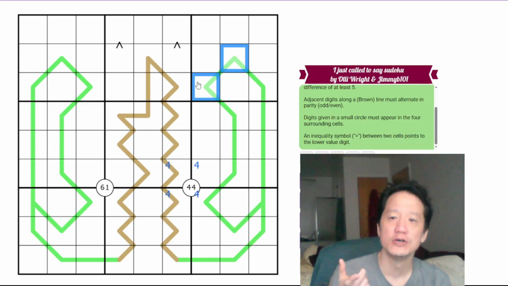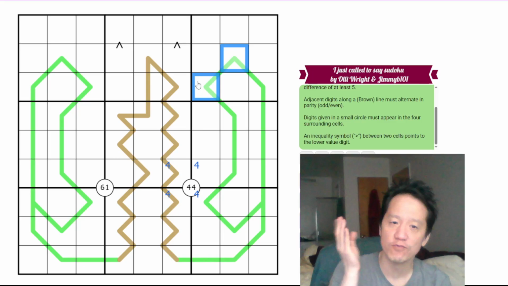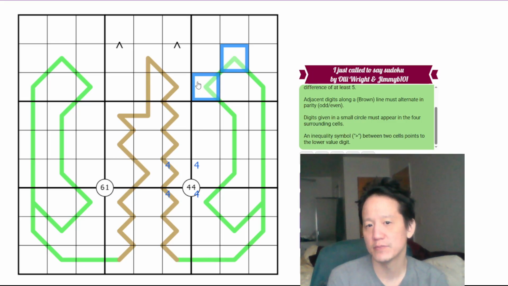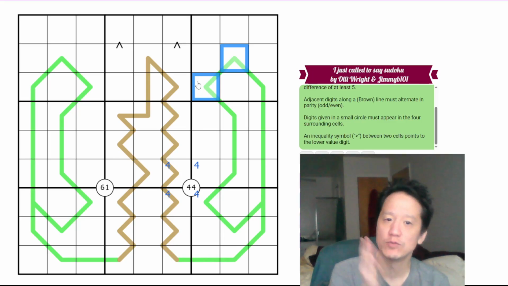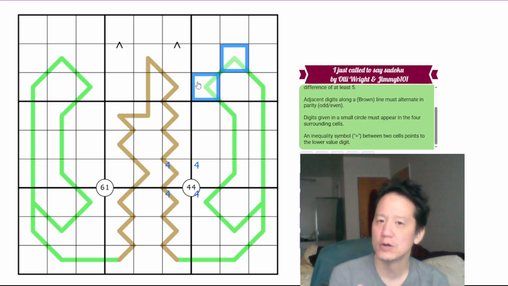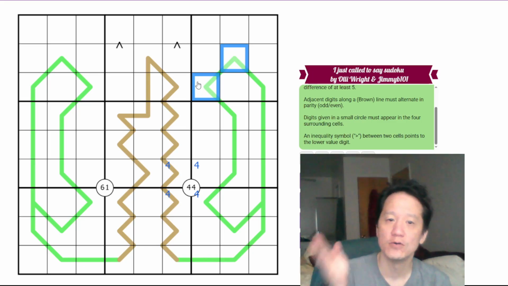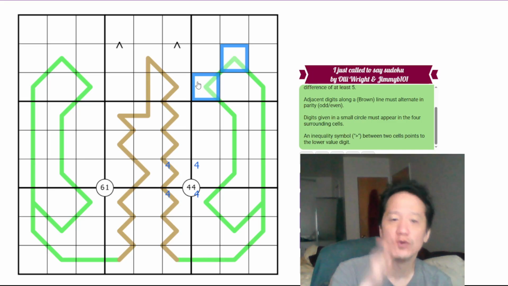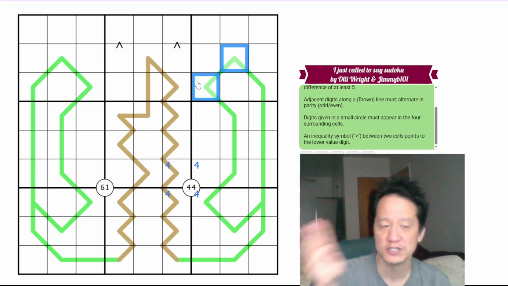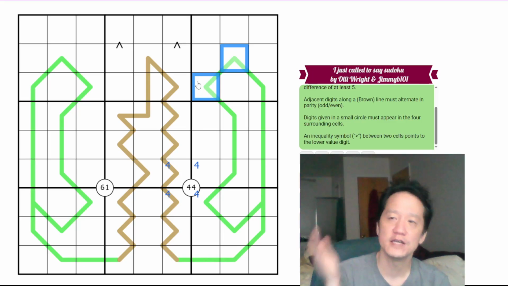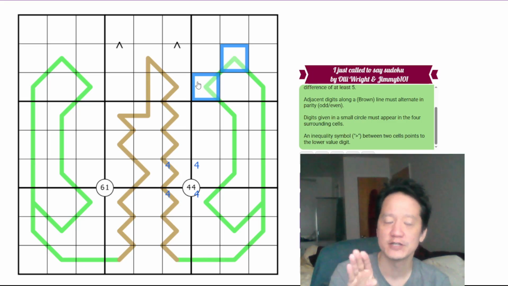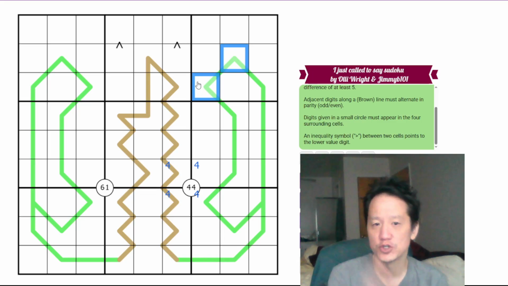But you do know that for the digits from 1 through 4, what digits have to be next to it? Well, take the lowest of them, which is 1, and add 5 or more. You get 6 or more. So next to a 1 through 4, you have to have a 6 or above, which is 6 through 9. And then take what has to be next to a 6 through 9 on a German whisper line.